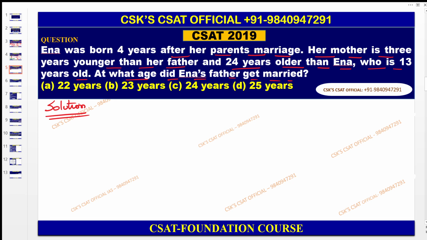Her mother is 3 years younger than her father and 24 years older than Ina. Who is 13 years old? Ina is 13 years old. Please take up this kind of thing. So the present age of Ina is equal to 13 years.